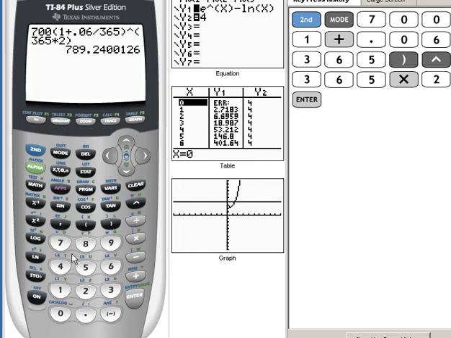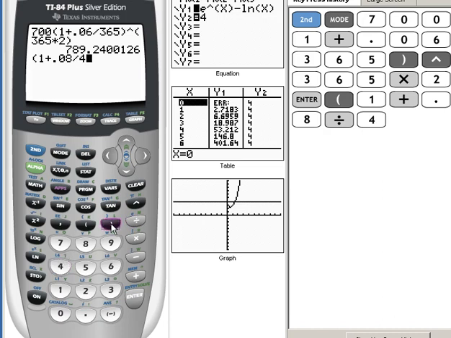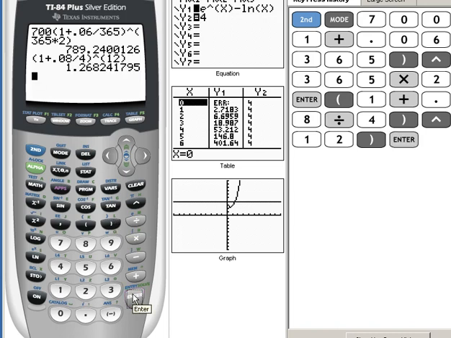I'm going to type in, in parentheses, 1 plus 0.08 divided by 4, close the parenthesis, raised to the, in parentheses, 4 times 3, or you could even just multiply those out. We know what 4 times 3 is. That's 12 power. So that is this big long number.